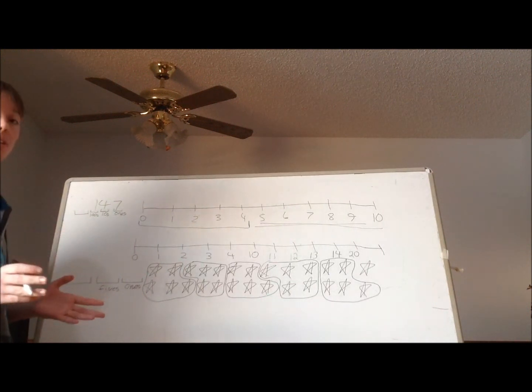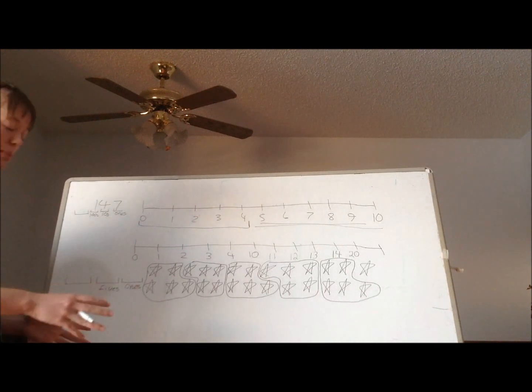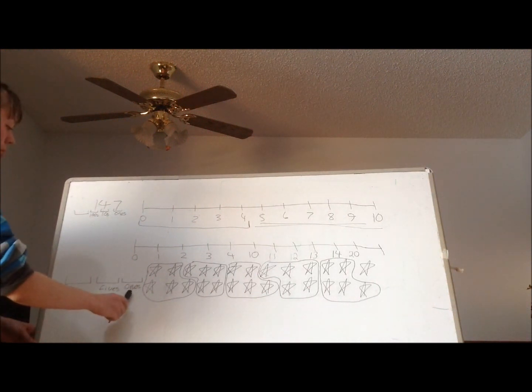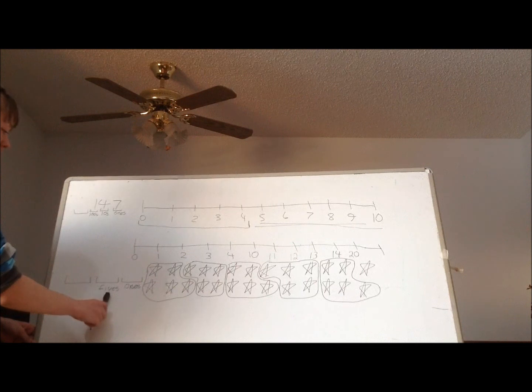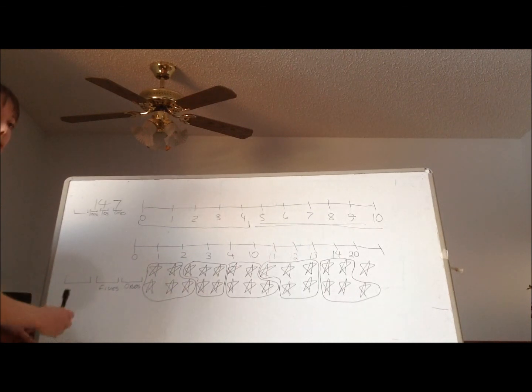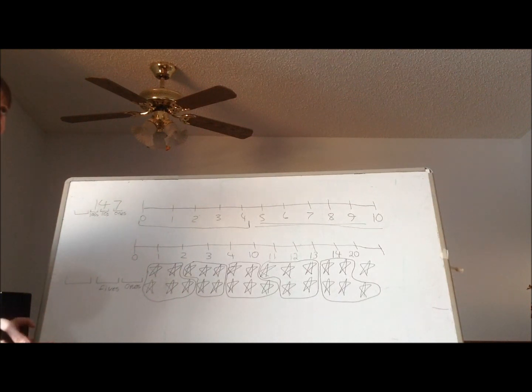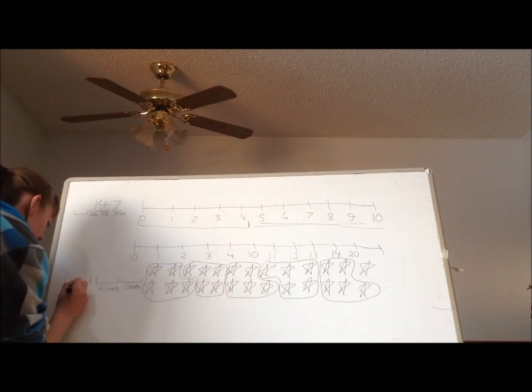So if that's not confusing enough, let's just jump back, keep it simple. We have the 1s group, we have 5 groups, but then if we have 5 groups of 5, well, what's 5 times 5? I already gave the answer, 25. So now we can say that this is the 25s group.